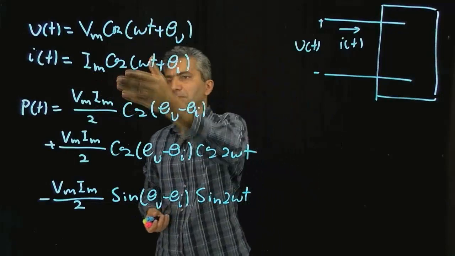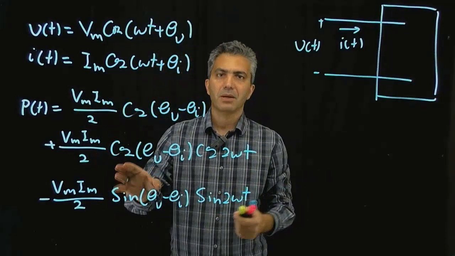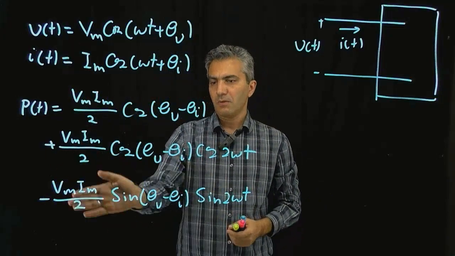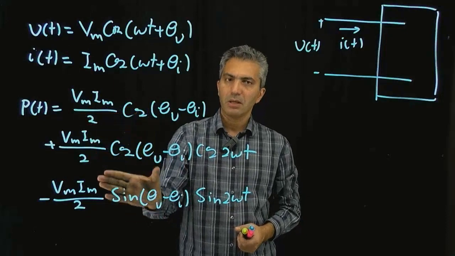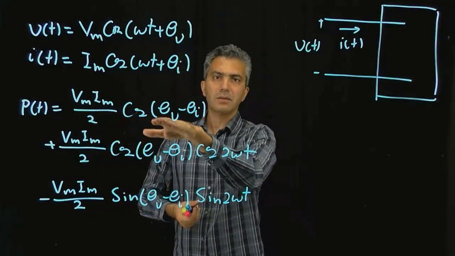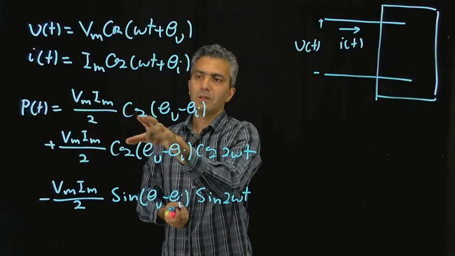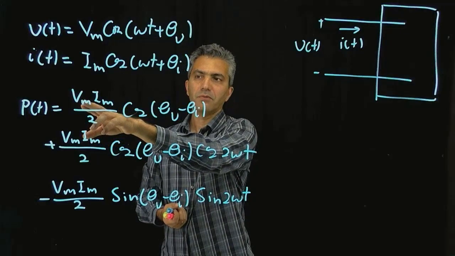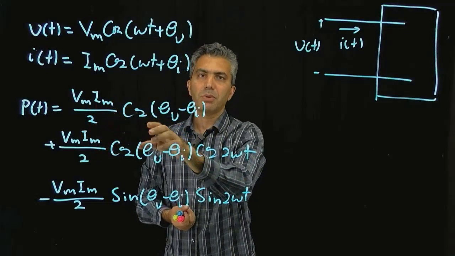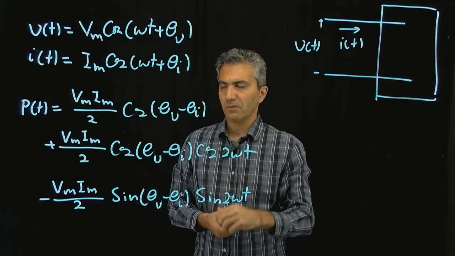So now if you multiply the two by each other and you do a little bit of mathematical manipulation, you can write the result in this form that includes three distinct components. The first component is a constant value, equal to the maximum of the voltage times the maximum of the current divided by 2, multiplied by cosine of the phase difference between the voltage and current.